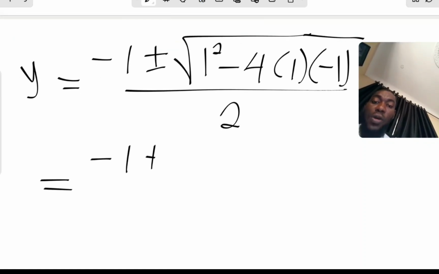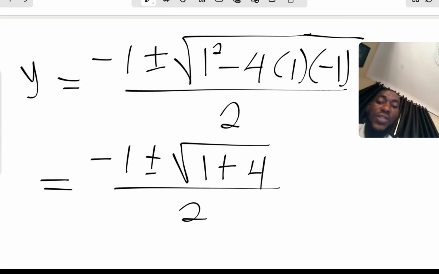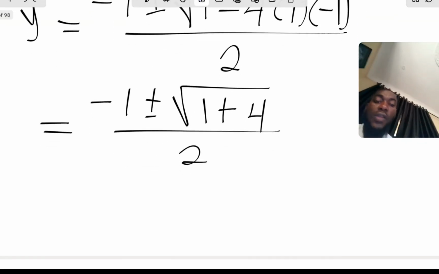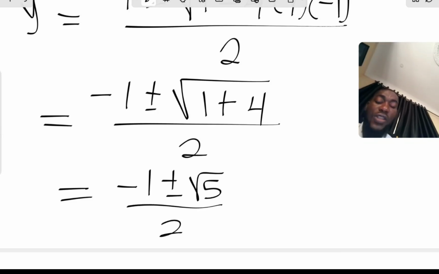Minus 1 plus or minus the square root of 1 plus 4, over 2, which is the same thing as minus 1 plus or minus the square root of 5 over 2. That is the value of our y.